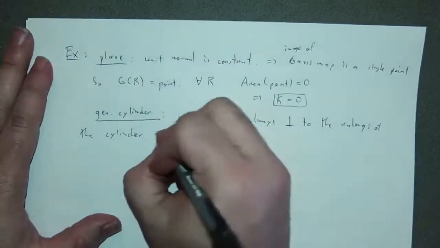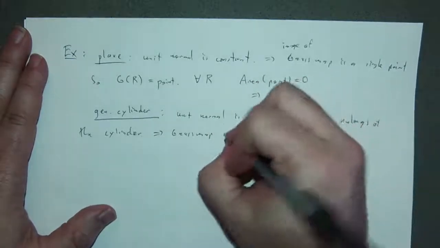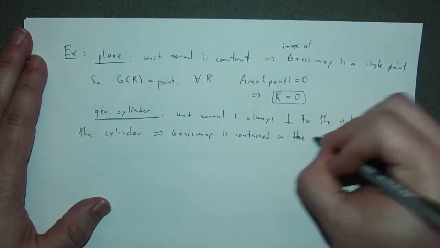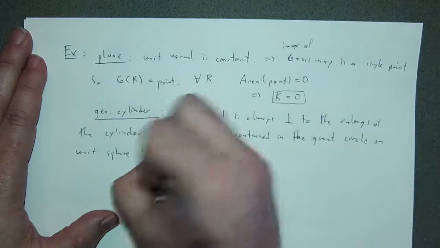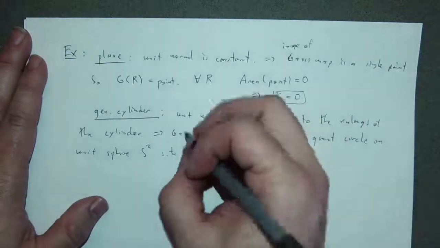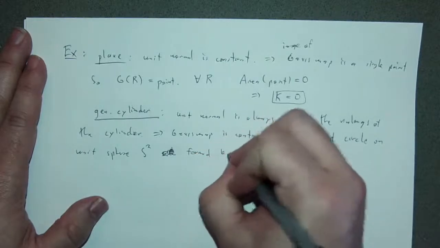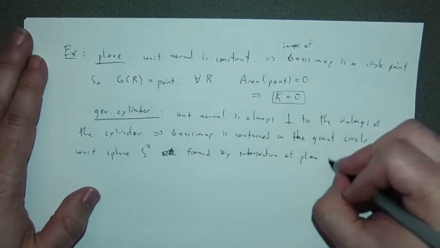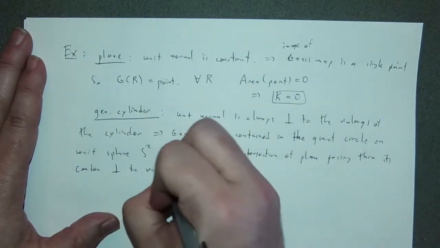What does that mean? This means, and you can think about this, the Gauss map is contained in the great circle on unit sphere S2, formed by intersecting the unit sphere with a plane passing through its center perpendicular to the rulings of the cylinder.